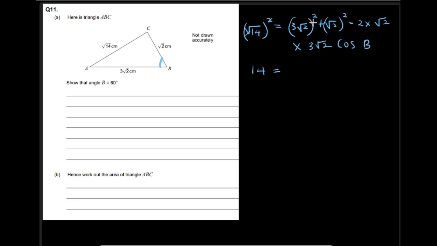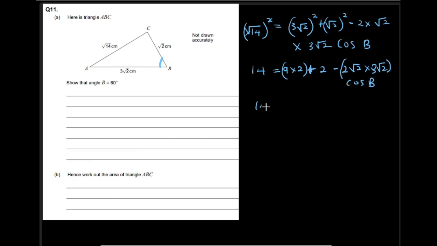Then 3 root 2 all squared: 3 squared is 9, root 2 squared is 2, so we have 9 times 2, plus root 2 all squared is 2, minus 2 times root 2, which is 2 root 2, times 3 root 2, cos B.